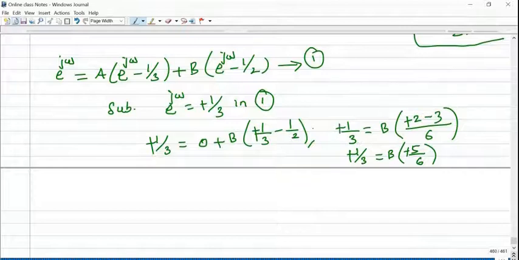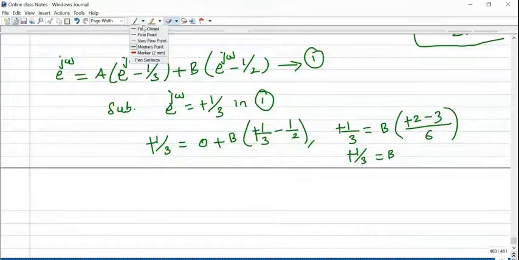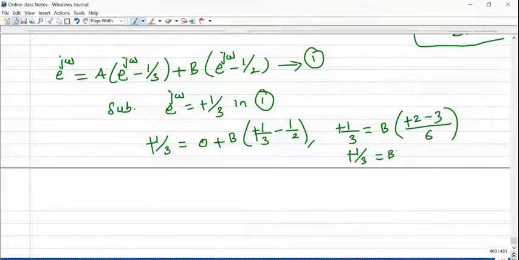Plus 1 by 3, so this a term will be cancelled, right? So 3 minus 2. Plus 1 by 3 minus 1 by 2. So 2 to 1, 3 minus 1 minus 3 divided by 3 minus 2, 6.